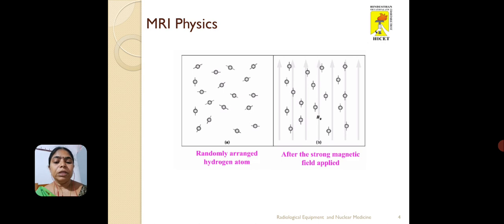When the radio frequency pulse is applied, the unmatched atoms spin the other way. When the radio frequency is turned off, the extra unmatched atoms return to the normal position, emitting some energy. This energy sends a signal to the computer, and the computer uses a mathematical formula to convert the signals into an image.